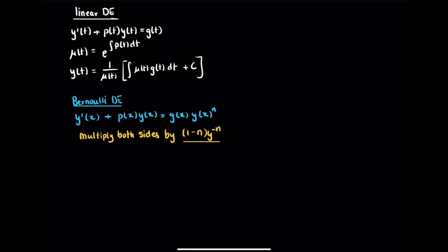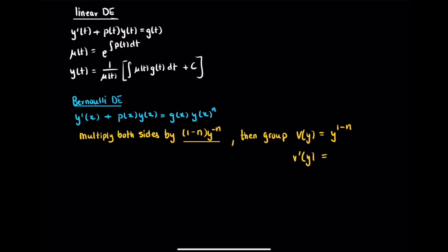And then once you've done that, then you want to group such that you have some variable v that is equal to y to the 1 minus n, and then you take the derivative of v, and v is in terms of y, so maybe I should be more clear.